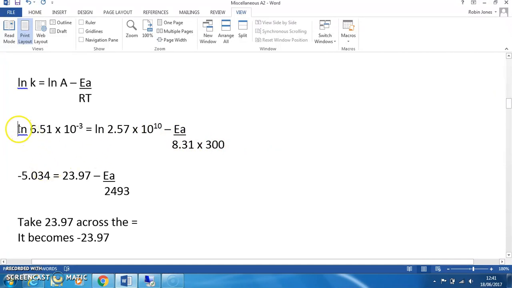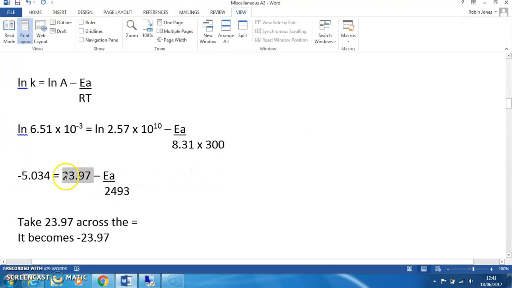I've done 6.51 times 10 to the minus 3, pressed the natural log button on my calculator, and it's come out as minus 5.034. I've done the same for 2.57 times 10 to the power of 10, pressed the log button and it's come out as this number, take away activation energy divided by these numbers, which comes out as 2493.